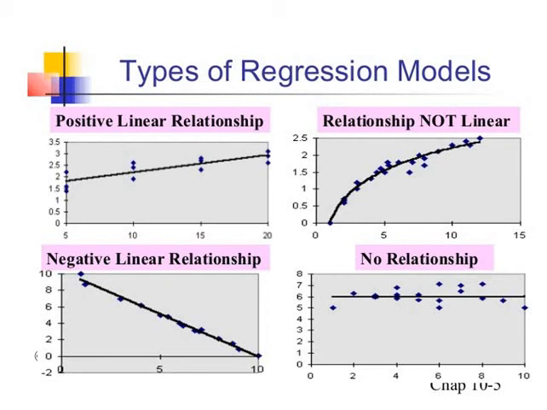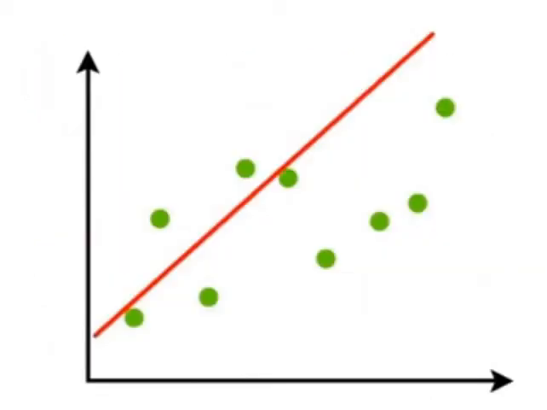Okay, now let's see how we actually get a best fitted line. This is not actually the best fitted line, because there is a large difference between the actual value and our predicted value. But as we change the slope of the line, we get the best fitted line, and the line looks like this.